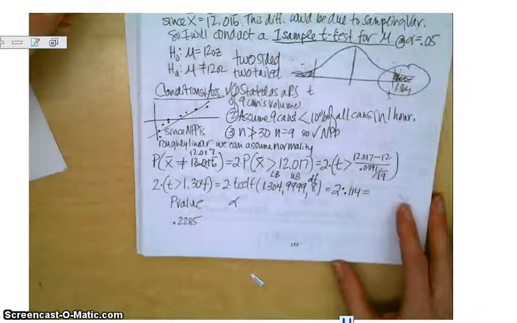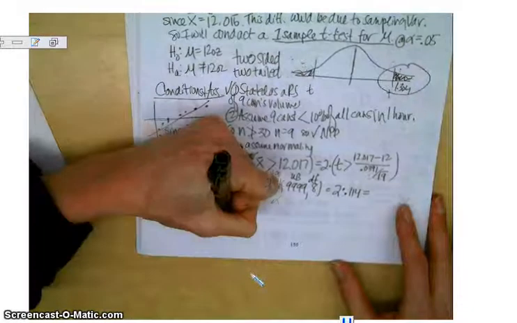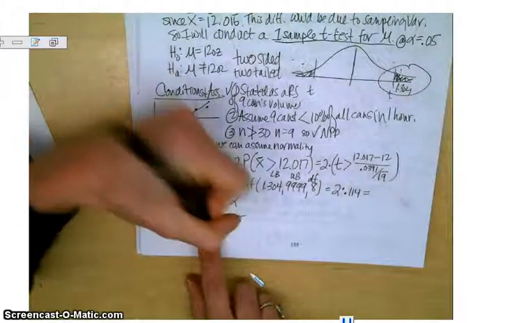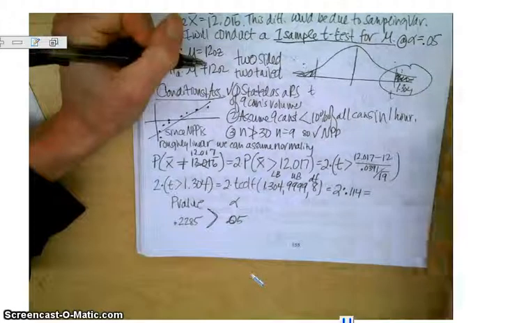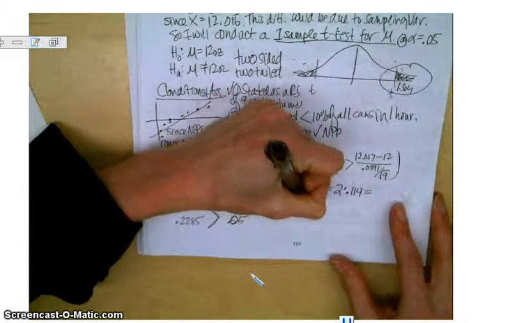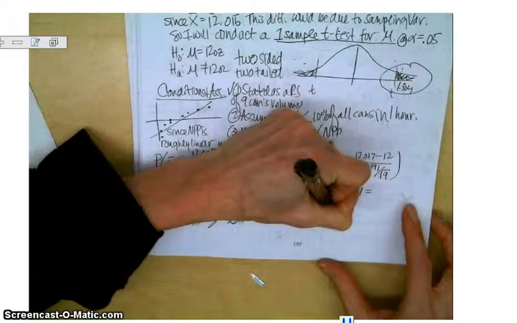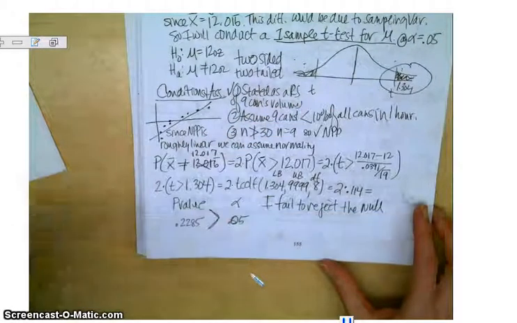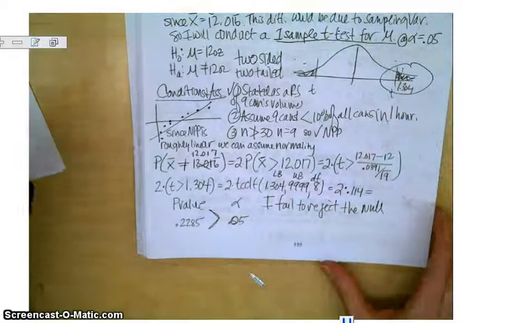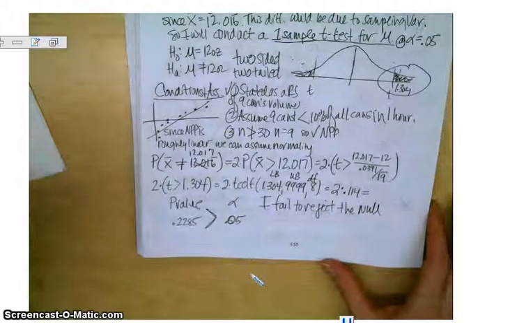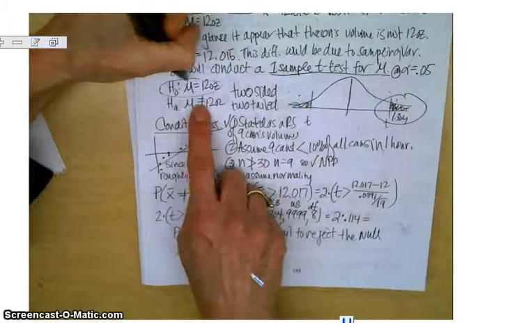Compare that to alpha. What's alpha? 0.05. Is the p-value greater than or less than alpha? Greater than. So what do I do? Fail to reject the null. Now, if you just stop with that, you're not going to get any credit. You have to put it in the context of the problem. If you fail to reject this null, what have you decided?